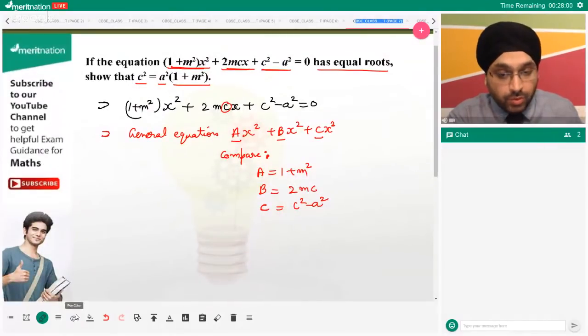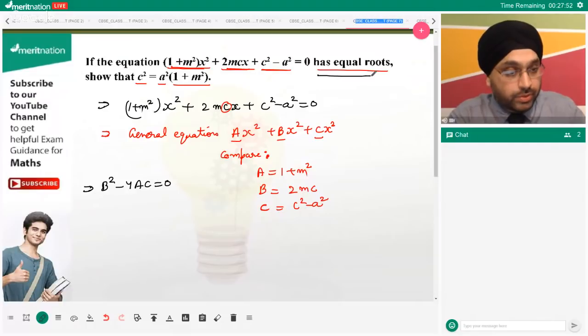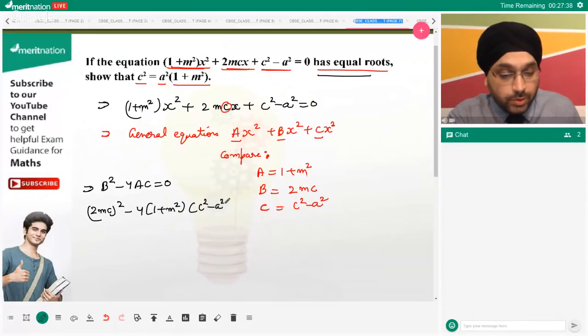Now, guys, this quadratic equation has equal roots. So can I say b square minus 4ac will be equal to 0? Why? Because this quadratic equation has equal roots. So we just need to plug in the values. That will come out to be (2mc) square minus 4 into (1 plus m square) into (c square minus a square) equals 0.